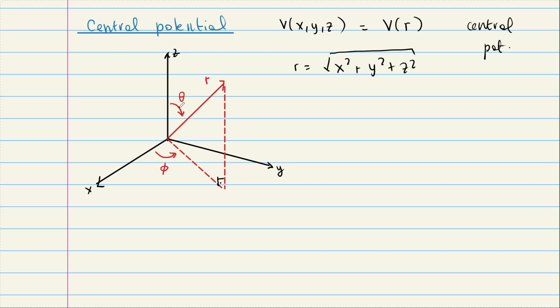I think engineers use it the other way, so be careful. If you are using phi for this, you are going to have problems in this course. So x is r times sine theta cosine phi, and I can do the same thing for y: r sine theta sine phi, and z is equal to r cosine theta.